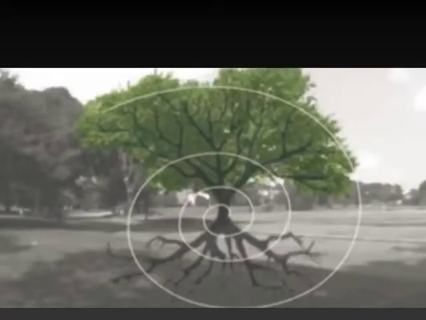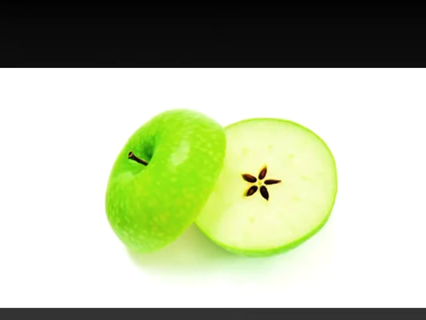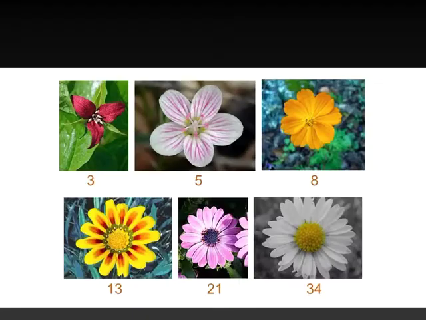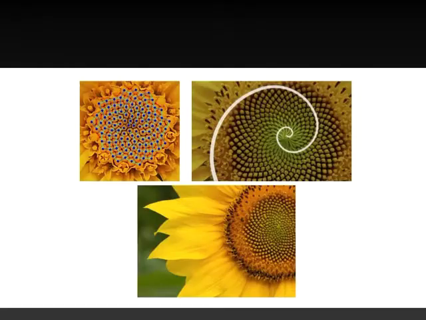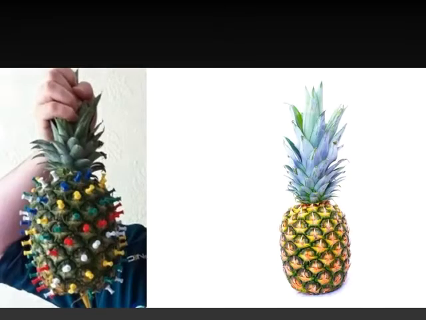And remarkably, when you study nature, you see the golden Fibonacci numbers like 3, 5, 8, 13 again and again in the seed pattern spirals of plants, as well as in the number of petals. Next time you're bored and have a sunflower, try counting the number of seeds in the sunflower spiral, the golden ratio. Or maybe try something else with a spiral like a pine cone or pineapple.